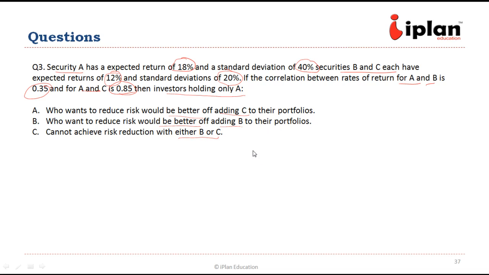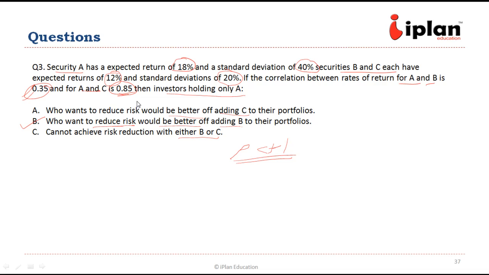We have already discussed, if the value of the correlation coefficient is less than +1, then there will be a reduction in the risk of the portfolio, and the lower the correlation coefficient, the better it is. So in this case, the correlation between rates of return of A and B is 0.35, which is significantly less than 0.85. So it is better to go with B to reduce the risk.